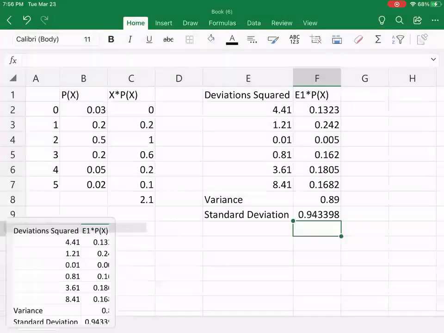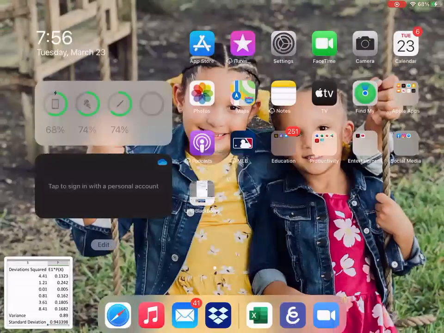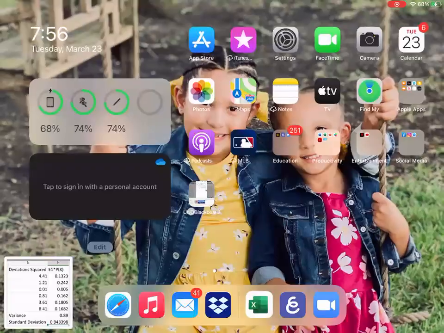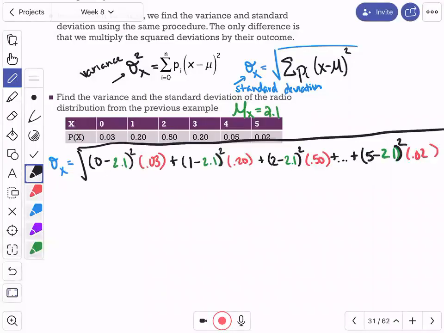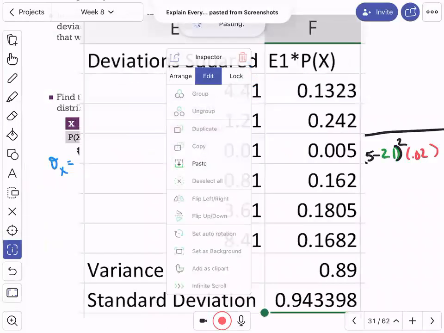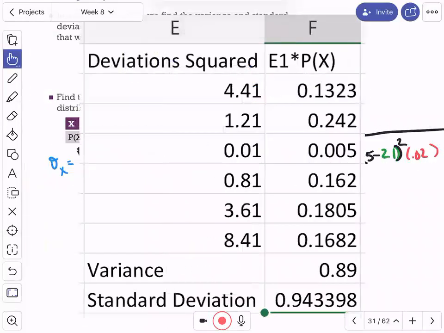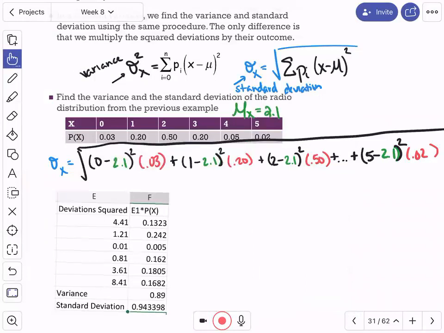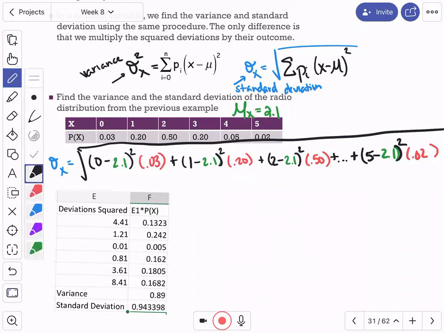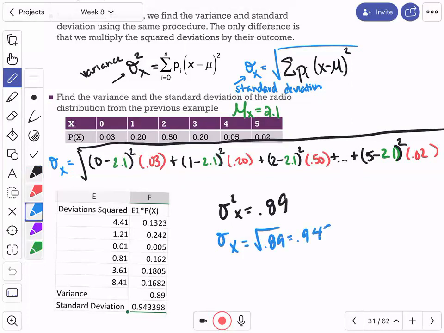Copy. Let's go bring that over and put that over here. There we go. That's what we get. So sigma squared x is equal to 0.89, and sigma x is equal to the square root of 0.89, which is 0.943.